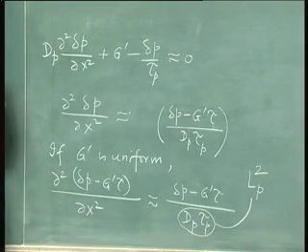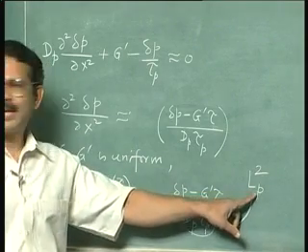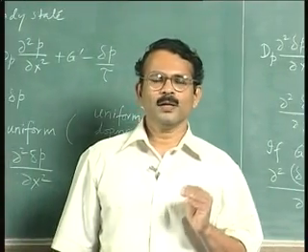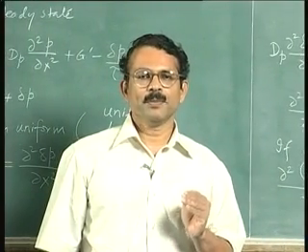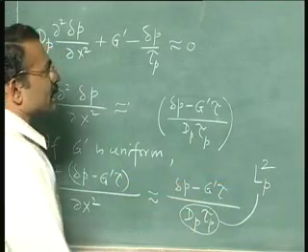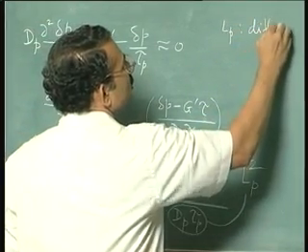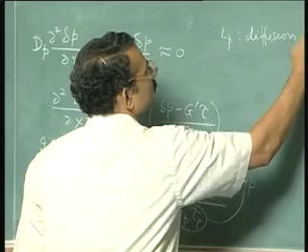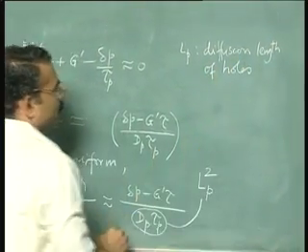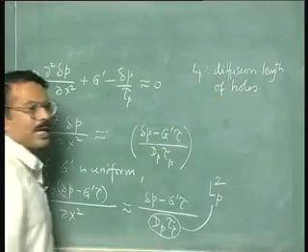It can be physically interpreted as the length over which a hole travels by diffusion before it recombines, and that is why this is called the diffusion length. Lp is called the diffusion length of holes. So this is the minority carrier diffusion length.